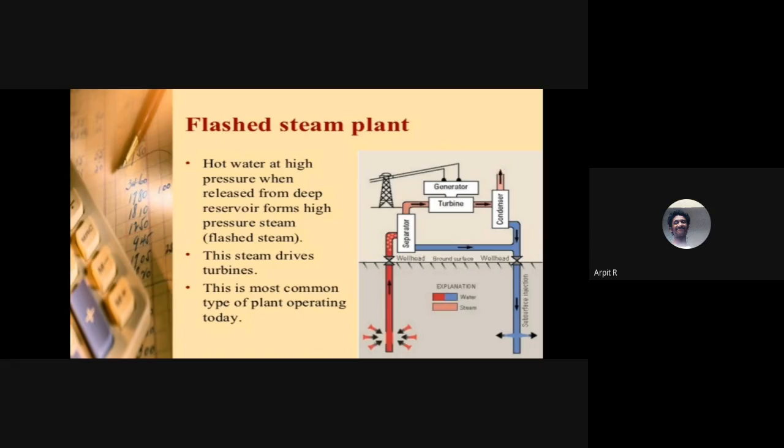That is, most commercial plants are flash steam plants. Steam is applied to the turbine, and using a generator, this energy is generated as electricity. Hot water at high pressure when released from deep reservoirs forms high pressure steam. The steam drives turbines.